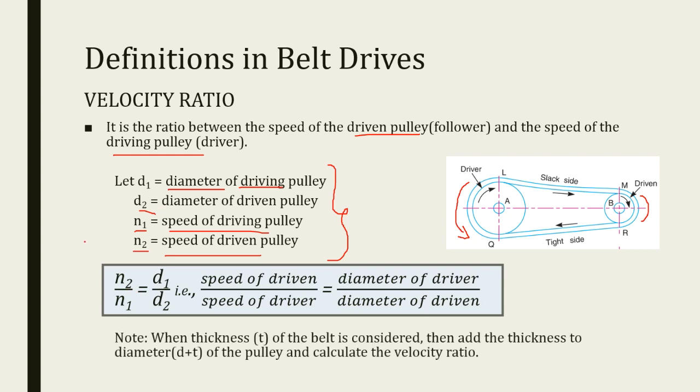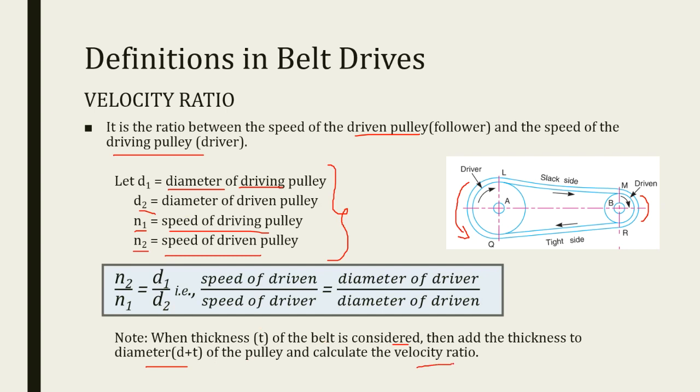So there is a small note that you need to remember. When the thickness of the belt is considered, if you have to consider the thickness of the belt, then you need to add the thickness to the diameter. That is, if D1 is the diameter of the driving pulley, you need to take the diameter as D1 plus T, the thickness, and likewise even for the diameter of the driven pulley, D2 plus T, and then you have to calculate the velocity ratio.